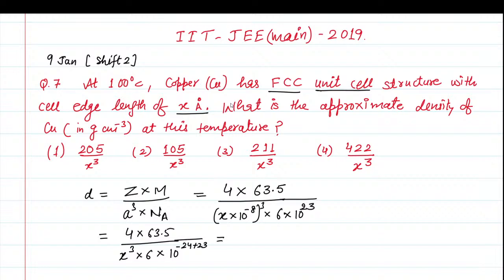So it is 423.5 over 3 x cube into 10, that is 635 over 3 x cube.